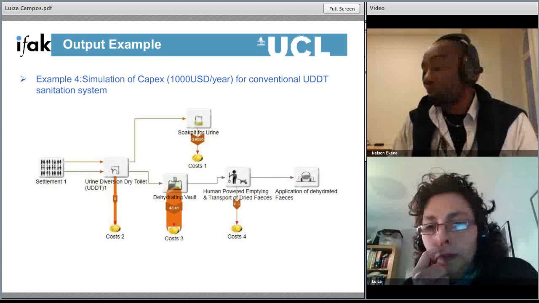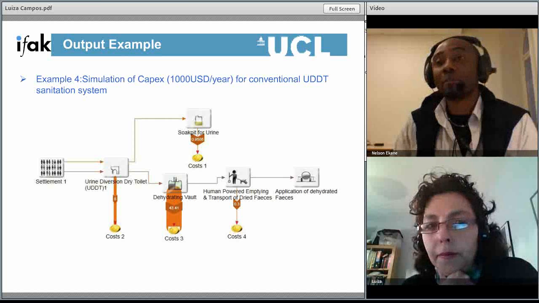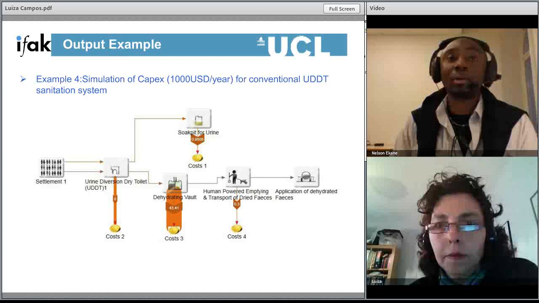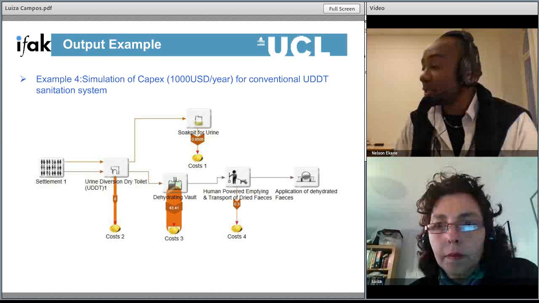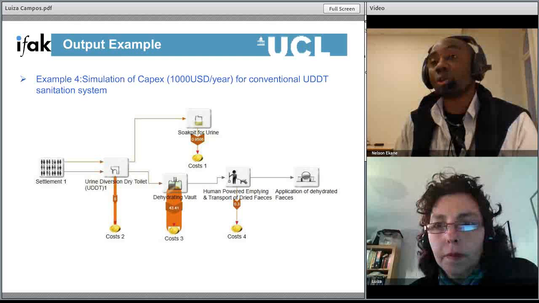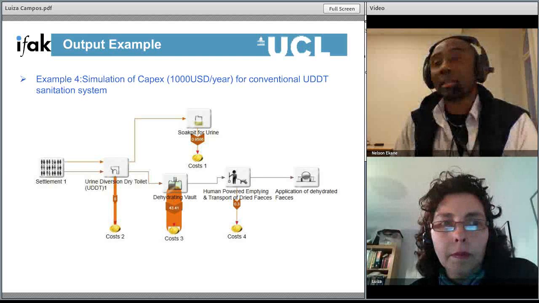Another question is on nitrogen and phosphorus flow within urine-diversion dry toilet systems. If you've done that kind of flow, I'd like to know. And the third question is whether you're aware of or collaborating with the WASHCost project or program that IRC in the Netherlands is running. So, please.